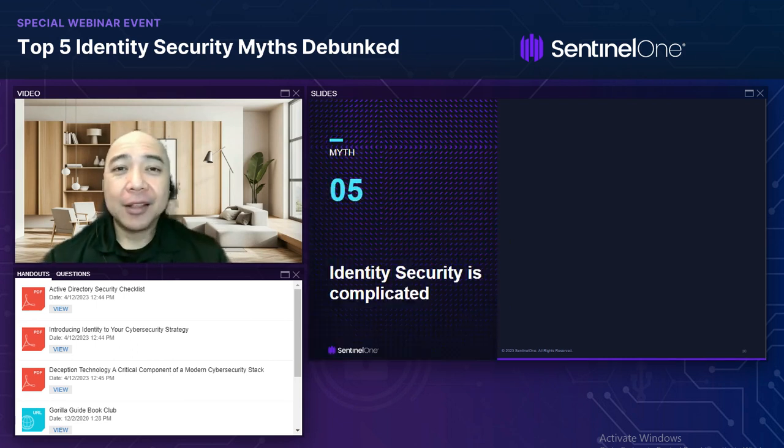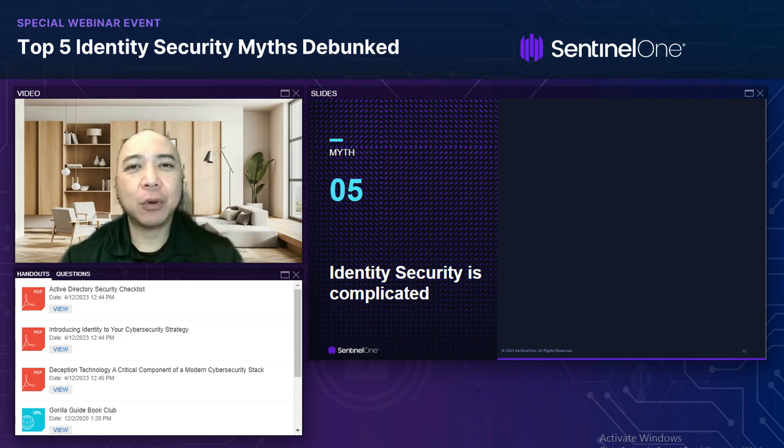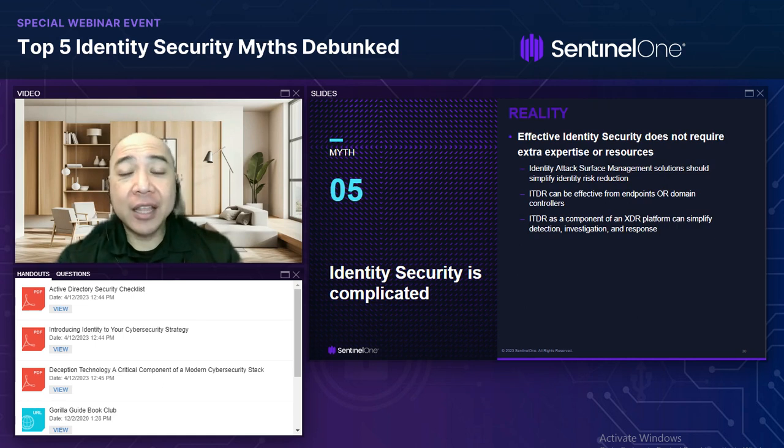So, number 5. I talked a little bit about identity security and all this other stuff, and you think, well, that's kind of complicated, isn't it? Effective identity security does not require any extra expertise or resources. Identity attack surface management is designed to simplify identity risk reduction, right?